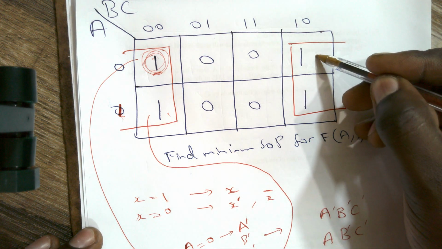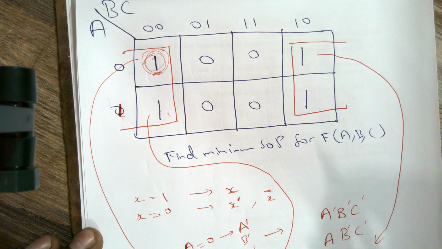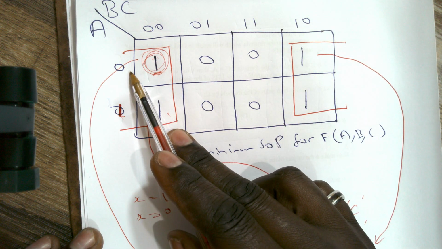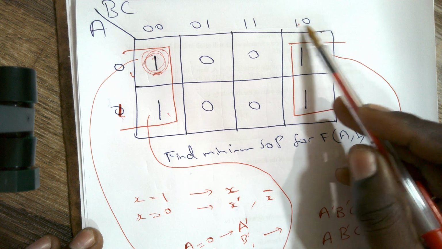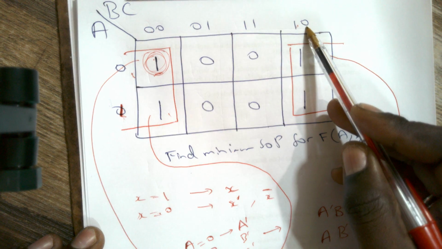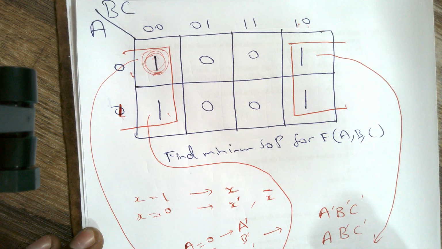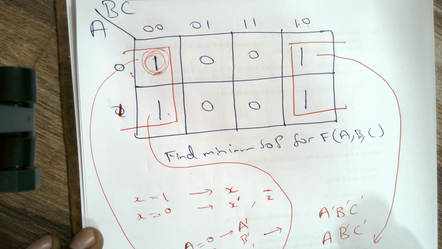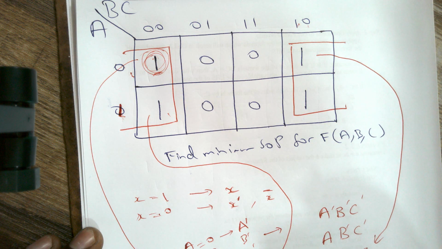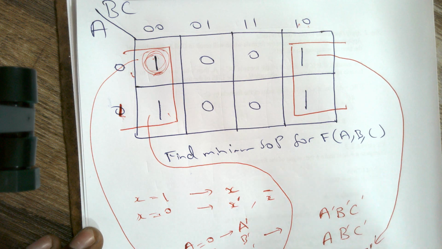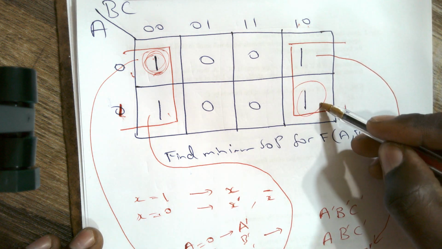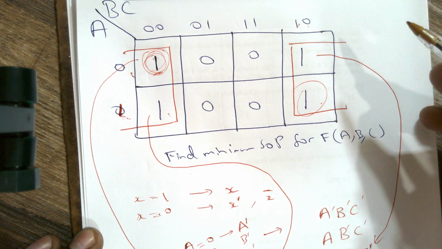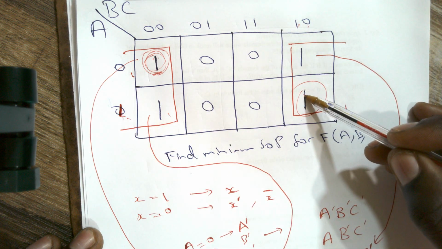What about this one here? For that expression, A is equal to 0, B is equal to 1, and C is equal to 0. So that expression is going to be A prime, B, and C prime. And what about the last one here? For this expression, A is equal to 1, B is equal to 1, and C is equal to 0.